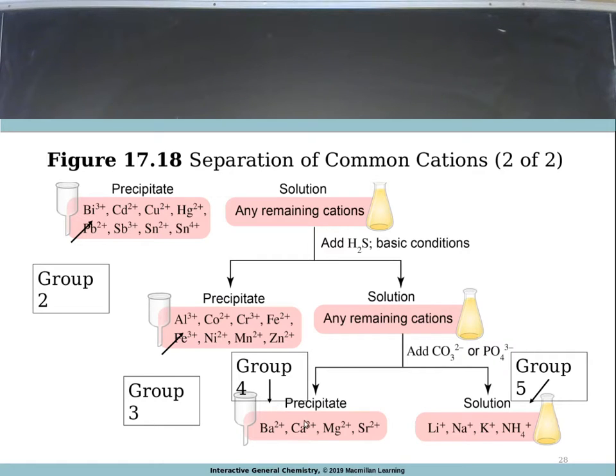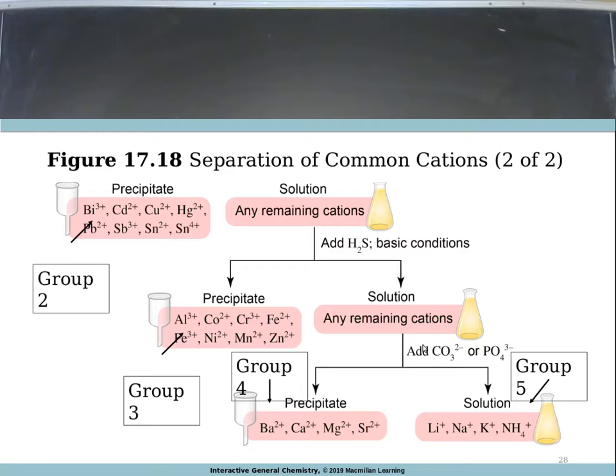Barium, calcium, magnesium, and strontium, these are the heavy group 2 cations, and they are still soluble with hydroxide as long as the hydroxide concentration is kept to a moderate value. Calcium hydroxide will crash out, in particular if you get the hydroxide concentration too high, like concentrated sodium hydroxide.